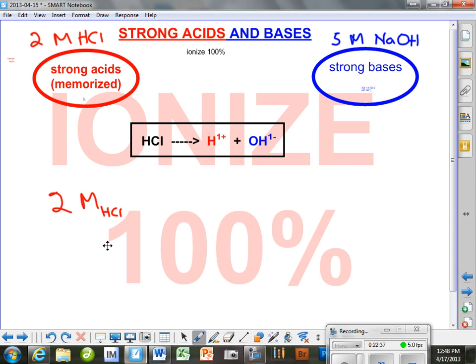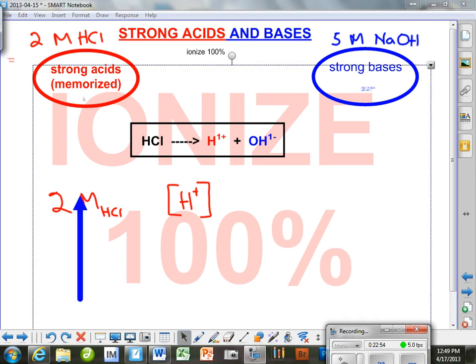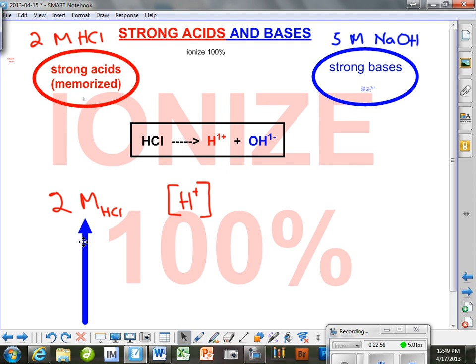Since it ionizes 100%, what is the concentration of hydrogen ions now? If this guy is a gas, he's together. If this guy is a gas, he is HCl. But as soon as he goes into water and becomes aqueous, he is no more.